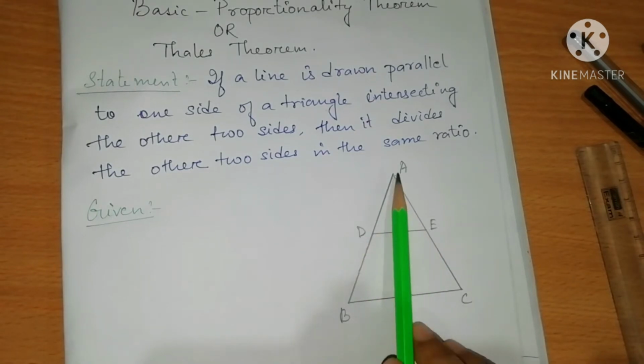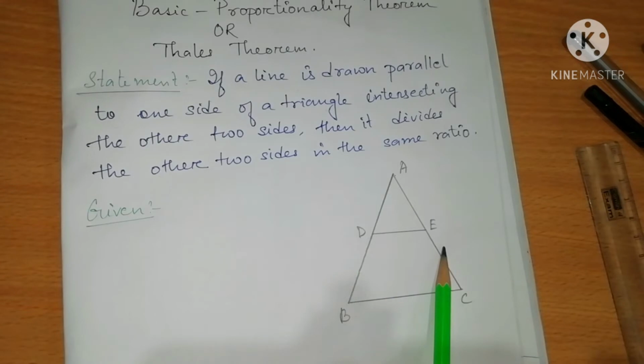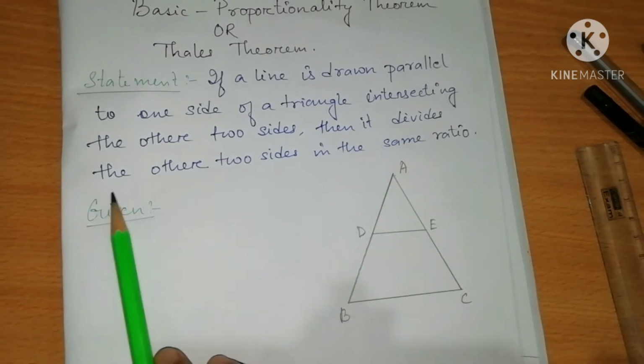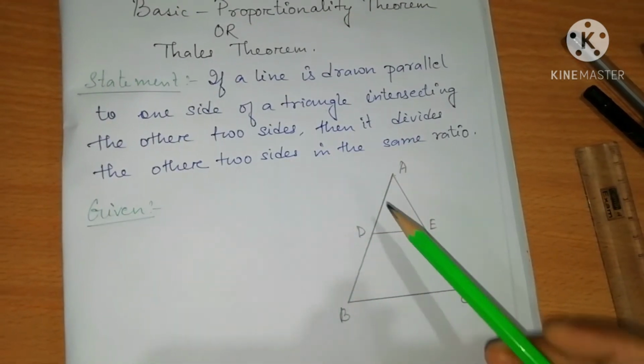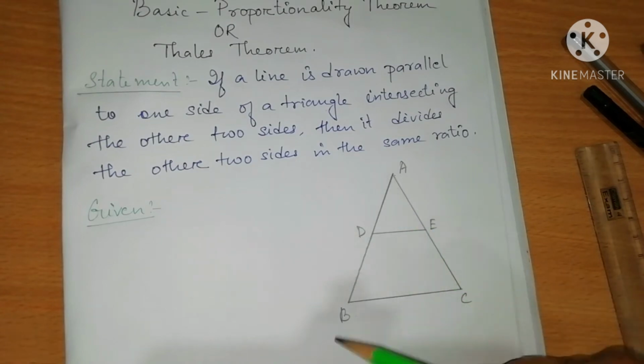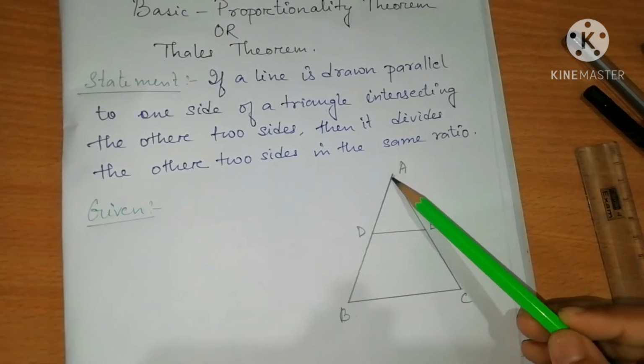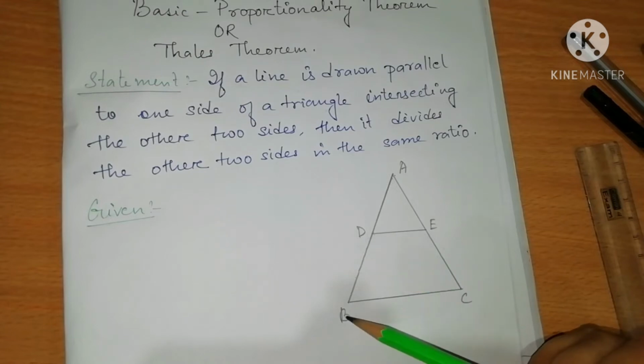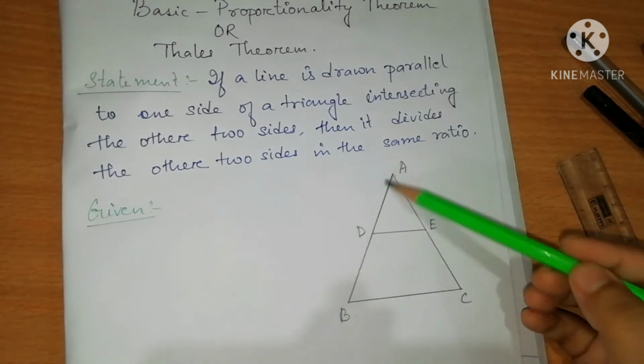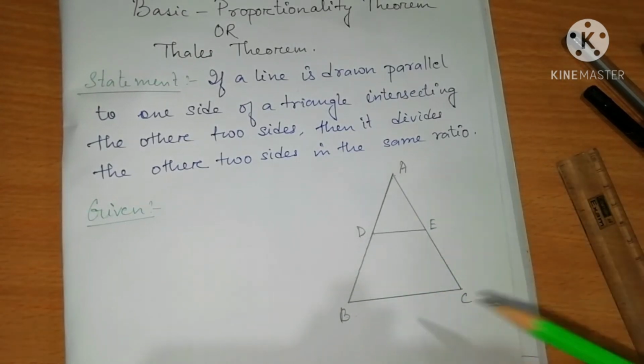DE has intersected the other two sides, so it divides the other two sides in the same ratio. That means AD by DB will be equal to AE by EC. These are the sides which are in the same ratio.